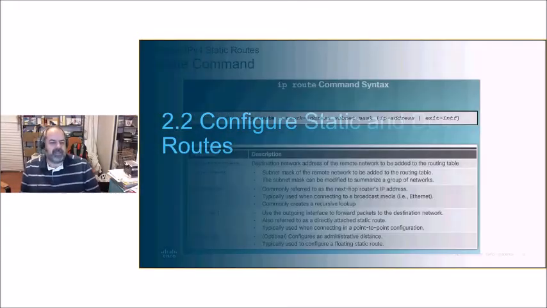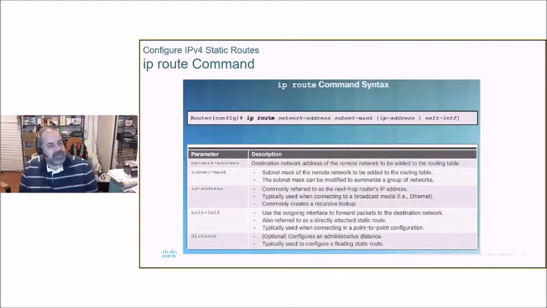Okay, so how do we configure these things? The command for IPv4 at least is ip route. From there, you need to specify the destination network address, the mask of that network, and then instructions on how to get to that destination.